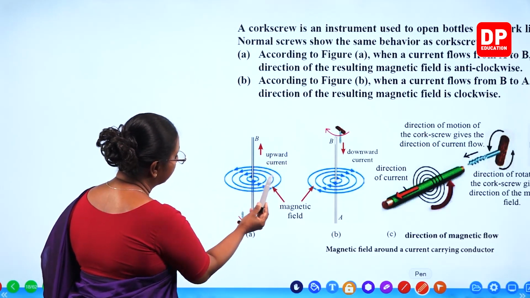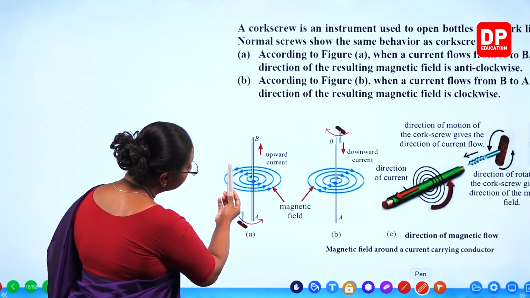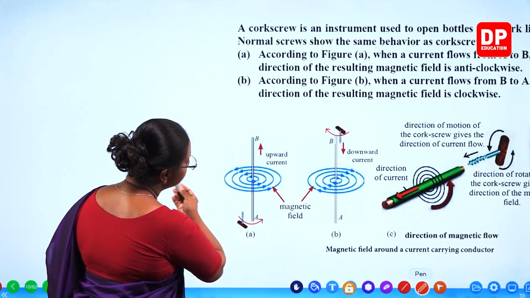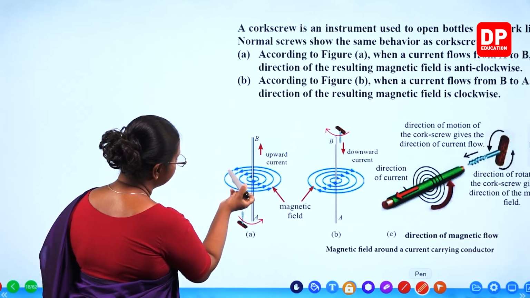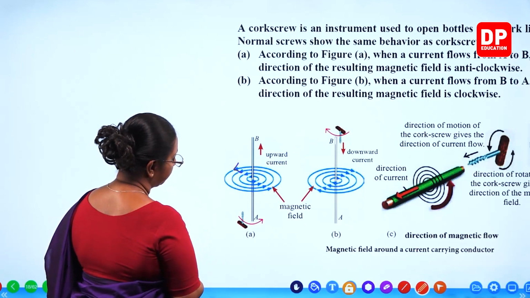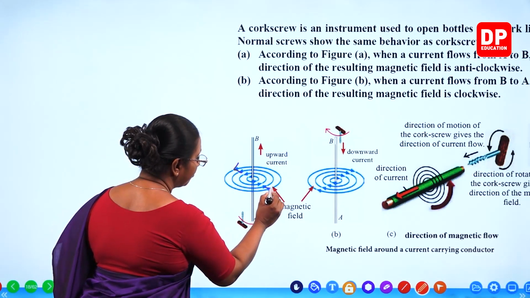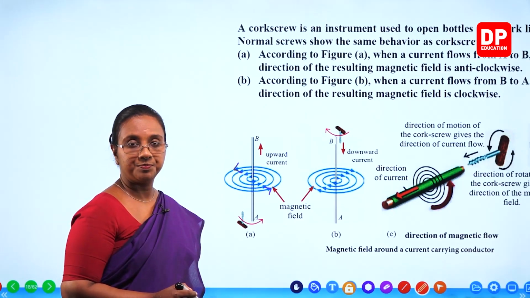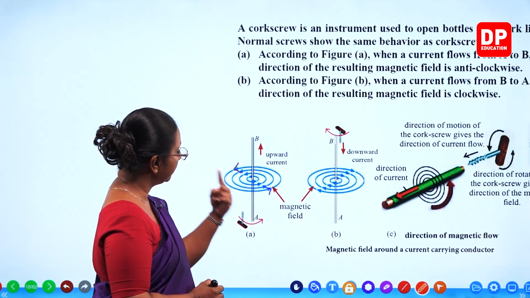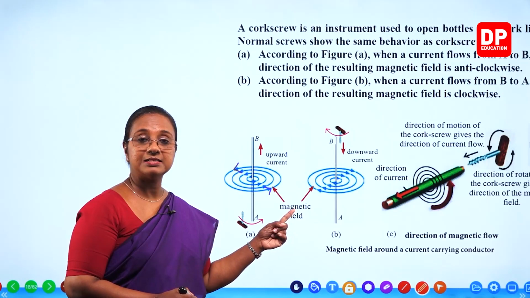Below the conductor, it is this way, from here to here, you can see the arrowhead there. And above the conductor, the arrowhead points that way. So that is how you have the magnetic field lines.